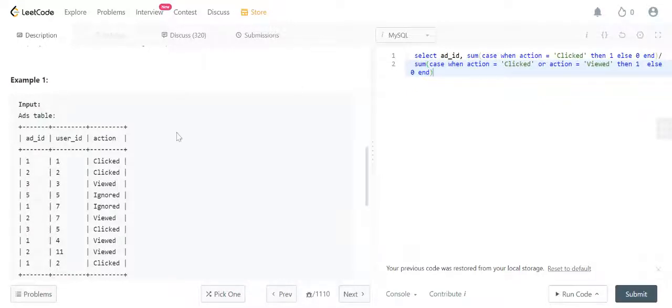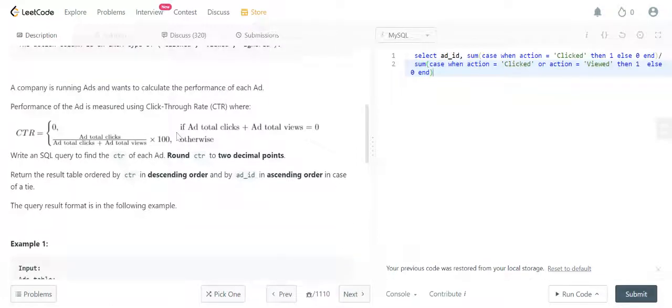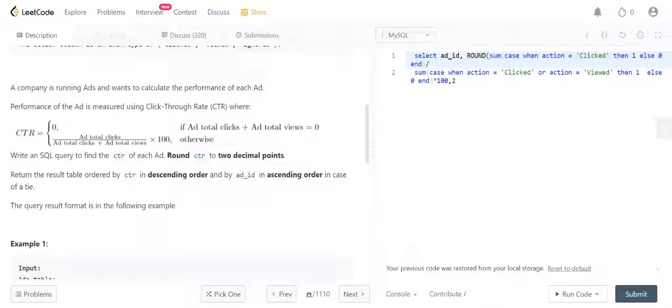Then we have to multiply it by 100. Now we have to round it to two decimal points, so just comma 2 and put round here.